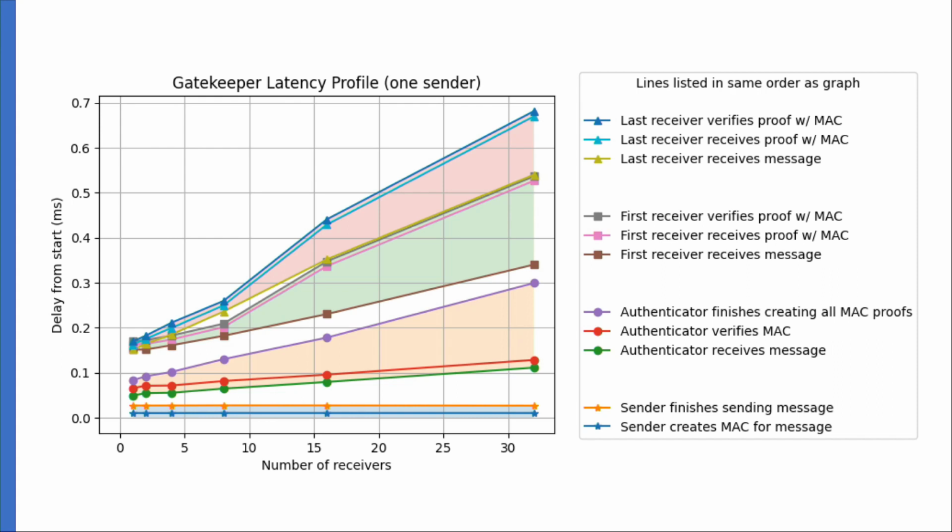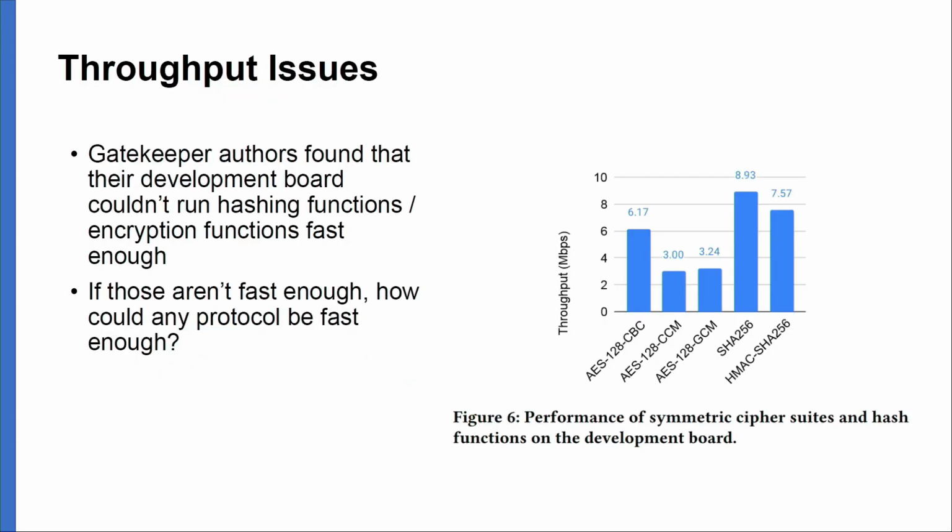And what we found was that it was not able to meet 0.1 milliseconds. But even if you take out the white parts in the middle, which are the software switching delay from the testbed, the authentication is just still too slow. And this is actually a pretty fast proposal compared to other work. We also noticed that in their paper, they noticed that on their development board, their hashing and encryption functions were just not fast enough. So the idea is like, how could any security protocol be fast enough if they're based off of these things?